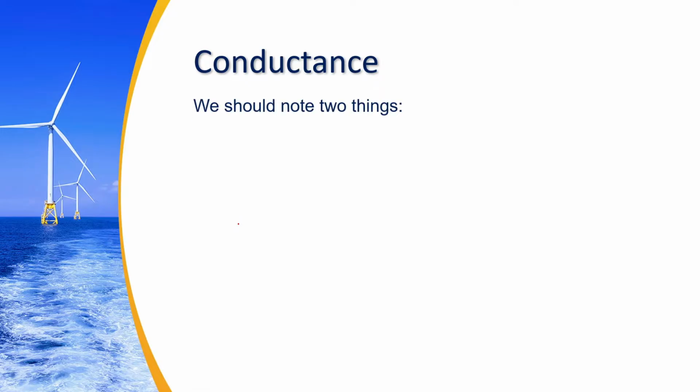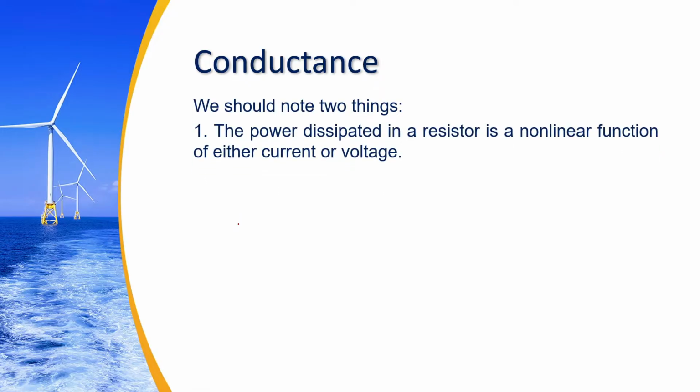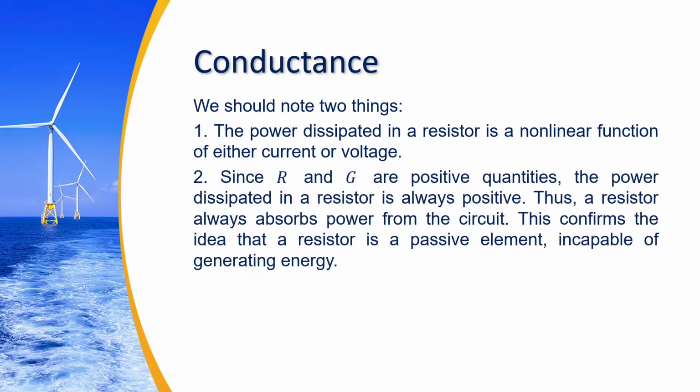So we should note two things. First, the power dissipated in a resistor is a nonlinear function of either current or voltage. And since R and G are positive quantities, therefore the power dissipated in a resistor is always positive. So di tayo magkakaroon ng negative value dyan.